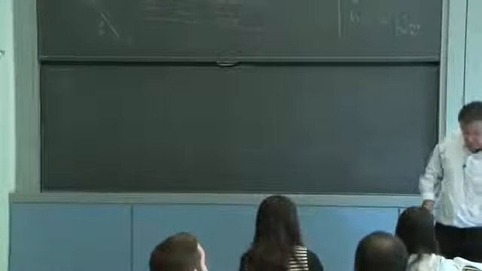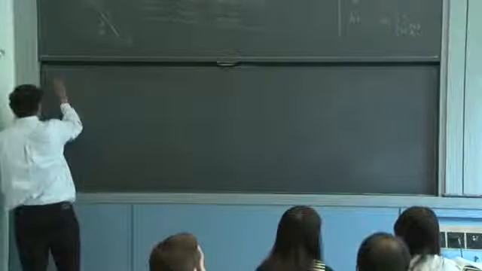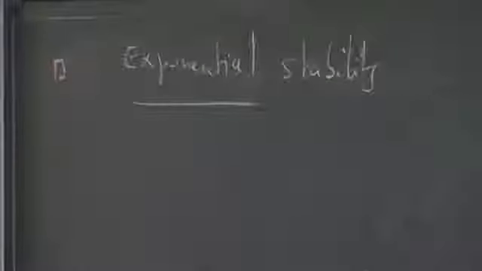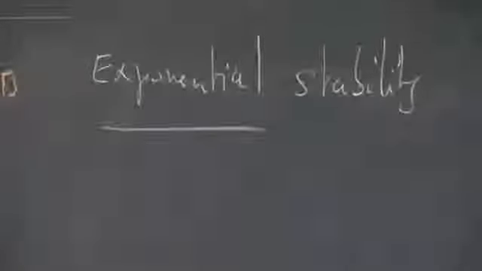Let's talk about one last form of stability, which is exponential stability, of a particular equilibrium point x equals 0.